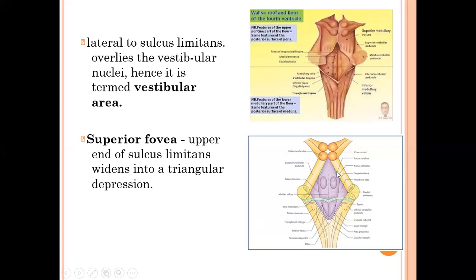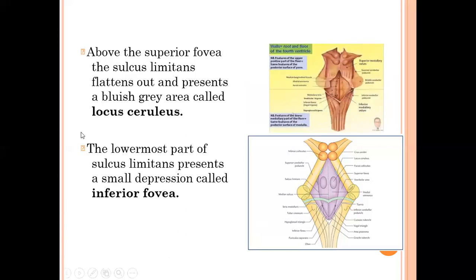The color is due to the presence of an underlying group of nerve cells containing melanin pigment, which constitute the substantia ferruginea. The neurons of the locus coeruleus contain large quantities of norepinephrine, or noradrenaline.